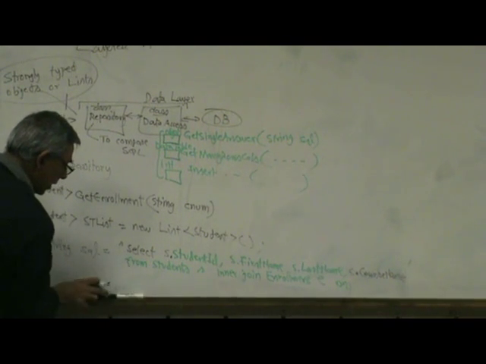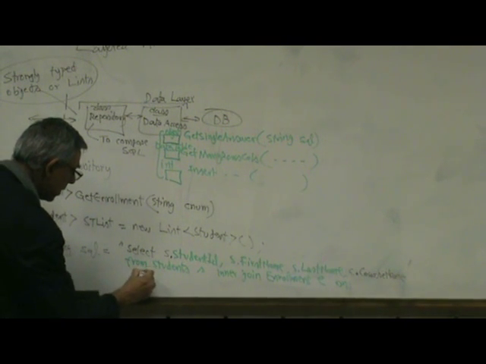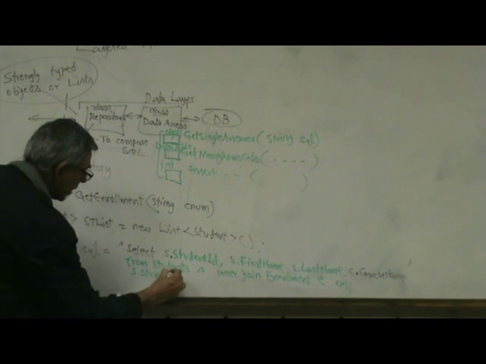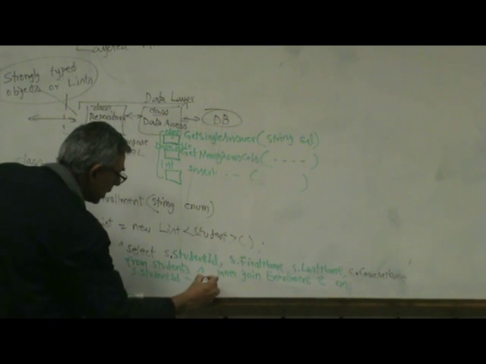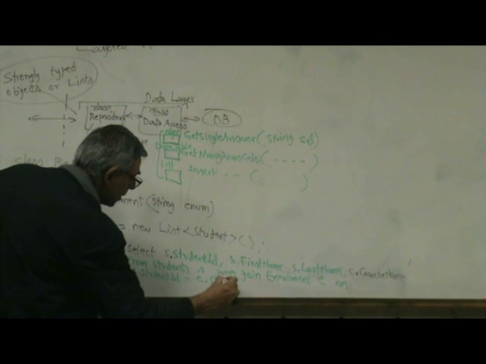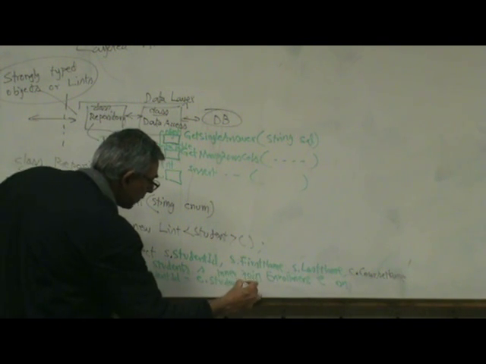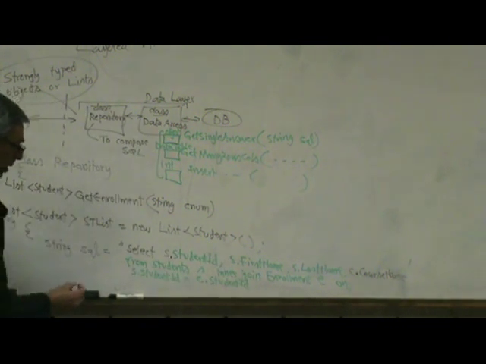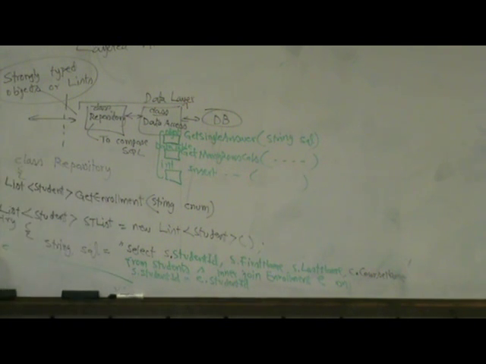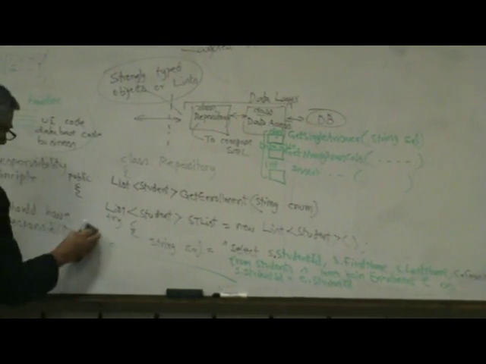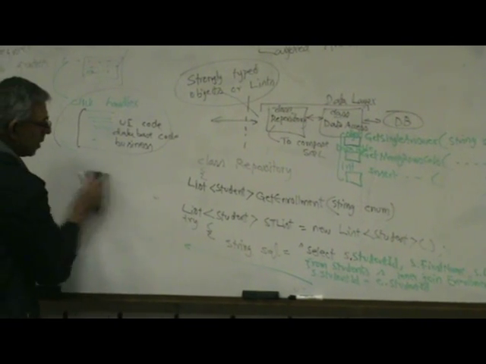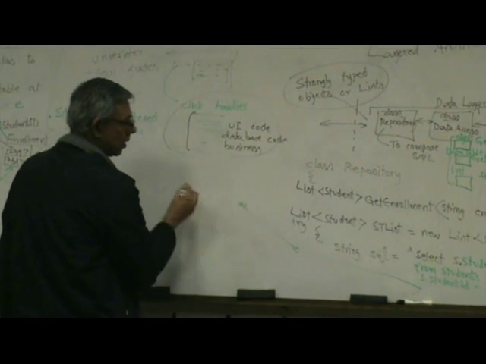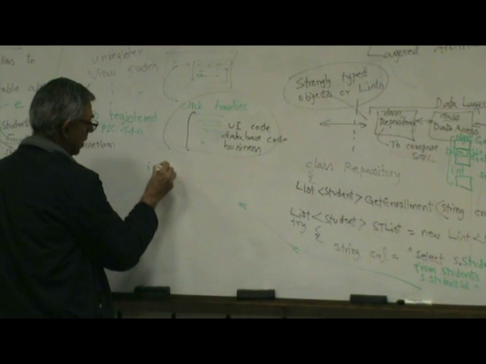Okay, and it will be S dot student ID equal to E dot student ID. Now we can further do, inner join.